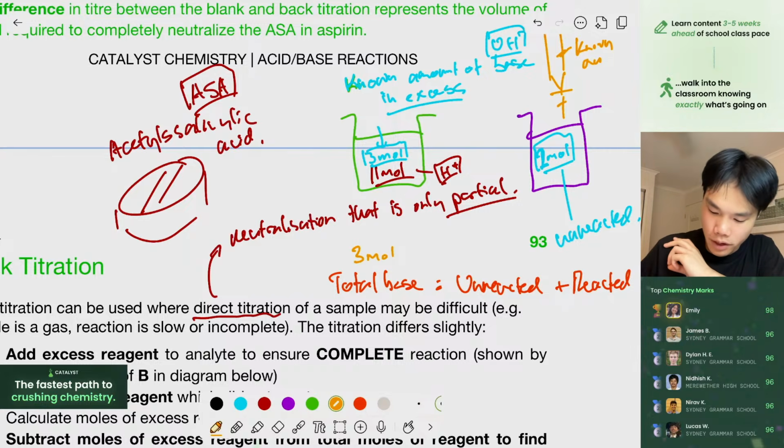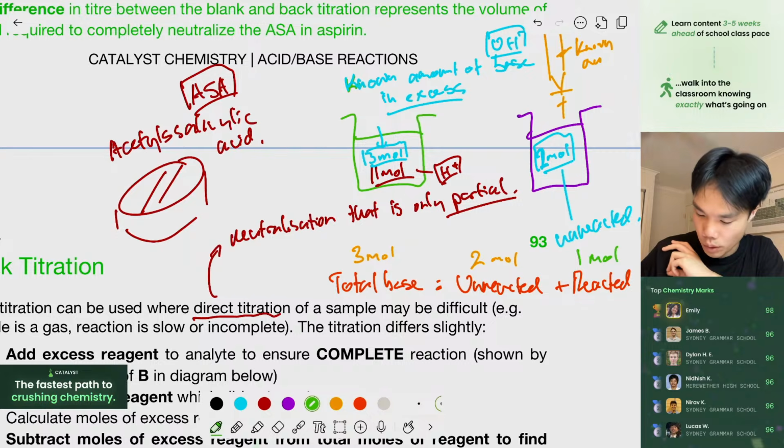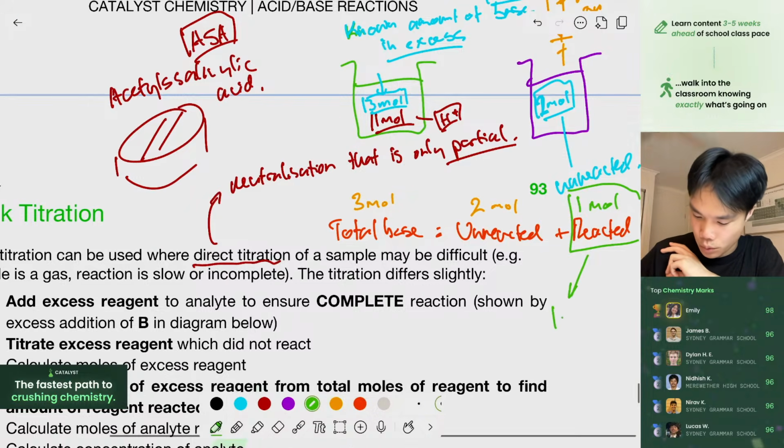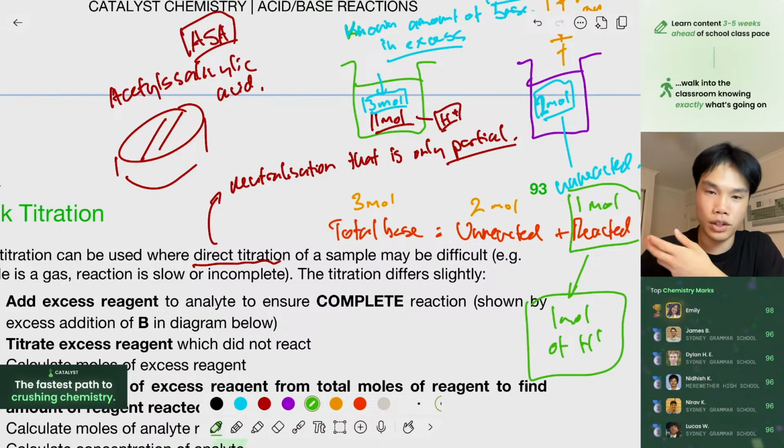The unreacted base, which we found from our titration, was 2 moles. And therefore, the reacted base has to be 1 mole, which is what we're trying to find. And that 1 mole reacted with 1 mole of H+, which tells you how much H+ was in that solution, which has been completely reacted.